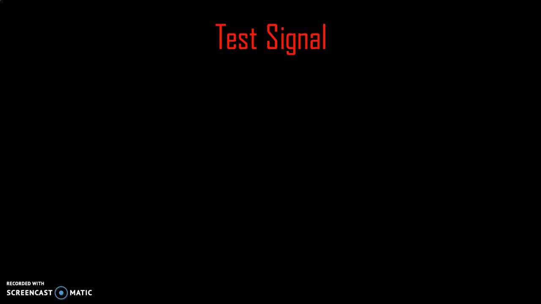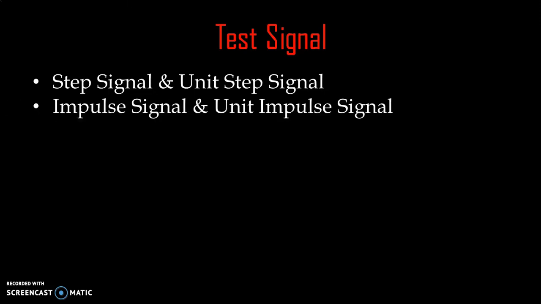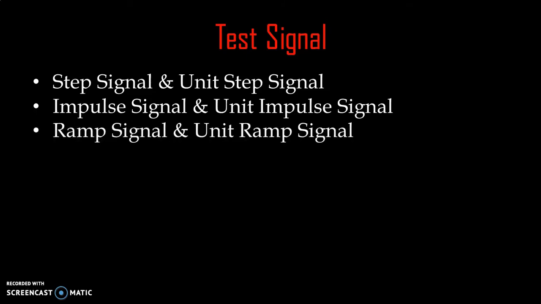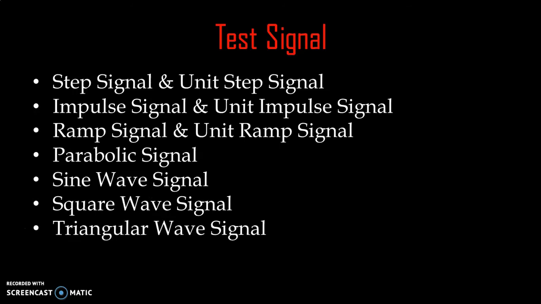Then we have certain test signals. For example, we have step signal and unit step signal, impulse signal and unit impulse signal, ramp signal and unit ramp signal, parabolic signal, sine wave signal, square wave signal, triangular wave signal, sawtooth wave signal.